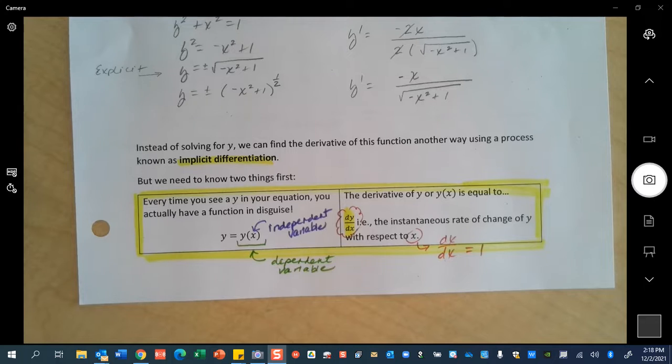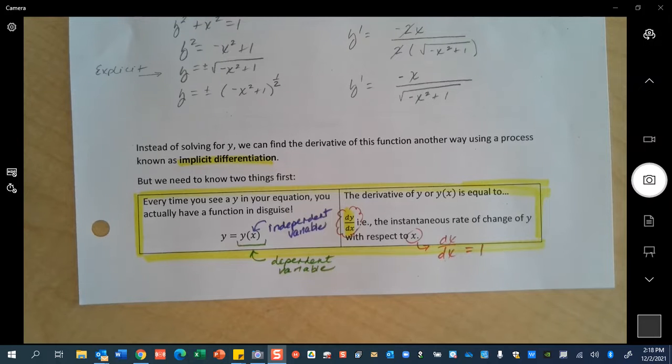So my dy dx has that inside chain rule kind of idea because I have this and then I need to take the derivative of this with respect to that. And so every time we take the derivative of y, we're going to have to make sure we remember that's the derivative of y with respect to x.